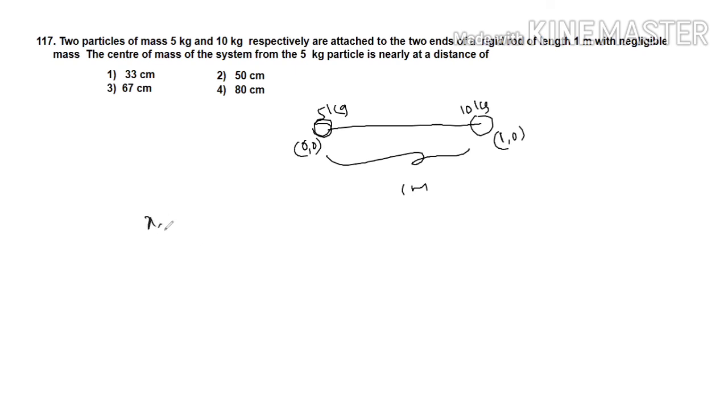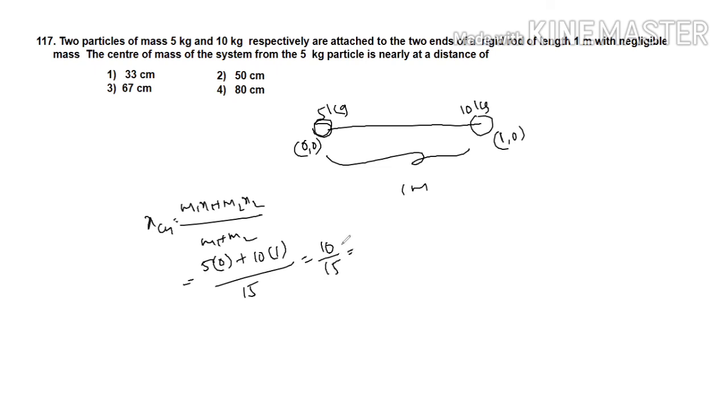So now the position of center of mass is m1 x1 plus m2 x2 divided by m1 plus m2, which we can write as 5 into 0 plus 10 into 1 divided by 15, that is 10 divided by 15, 0.67 meters, but they are given in centimeters, so it is option 3, 67 centimeters. Now we will move to the next question.